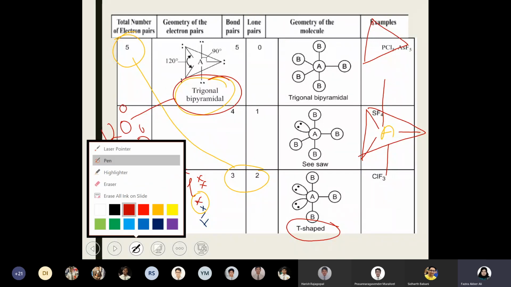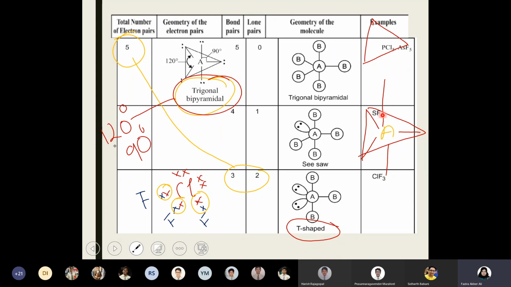The three atoms on the plane have 120-degree angles. The one above and the one below have 90-degree. Out of 120 and 90, 120 is the greater value, so lone pairs will be oriented in the plane.